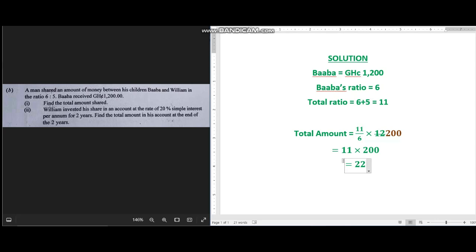Then you add the remaining zeros. The remaining zeros are 2. So you add the 2 zeros, making 2,200 Ghana cedis. So that means the total amount is 2,200 Ghana cedis. This is how you are going to solve the first part of the question.